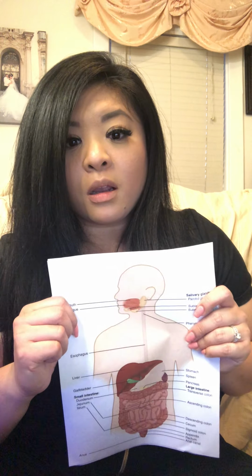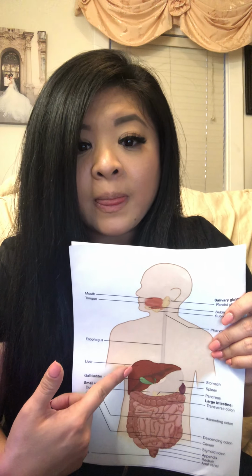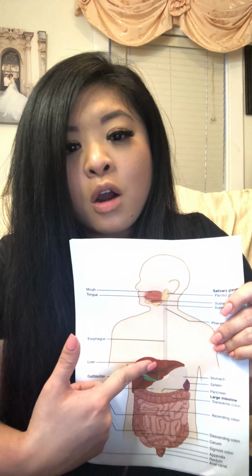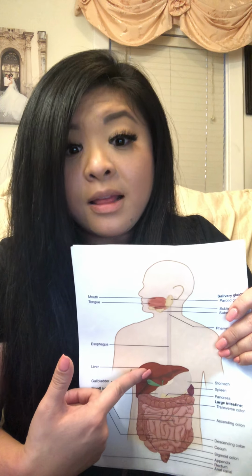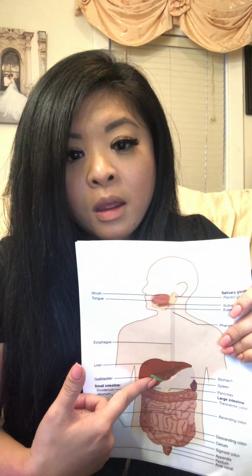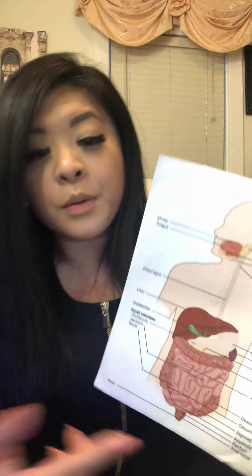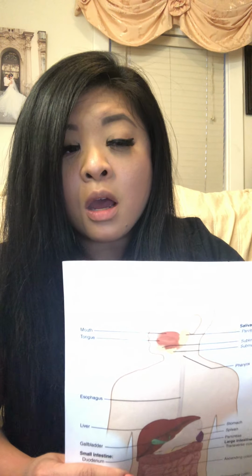So the liver, which is located under the rib cage on the right upper part of the abdomen, the gallbladder, and the pancreas beneath the stomach. They're not part of the alimentary canal, but these organs are important for healthy digestion.